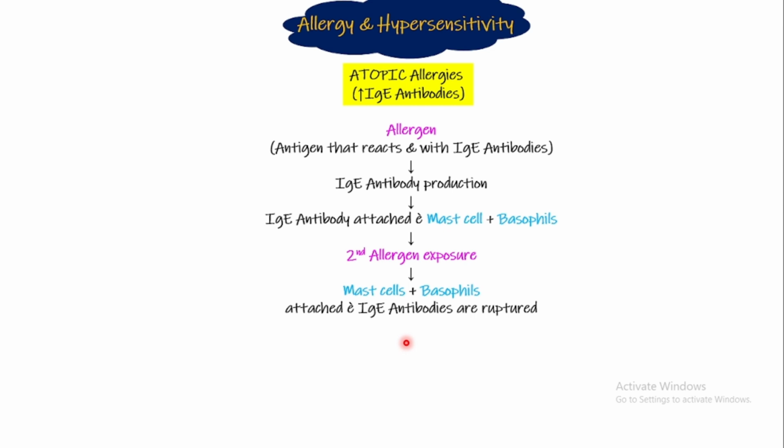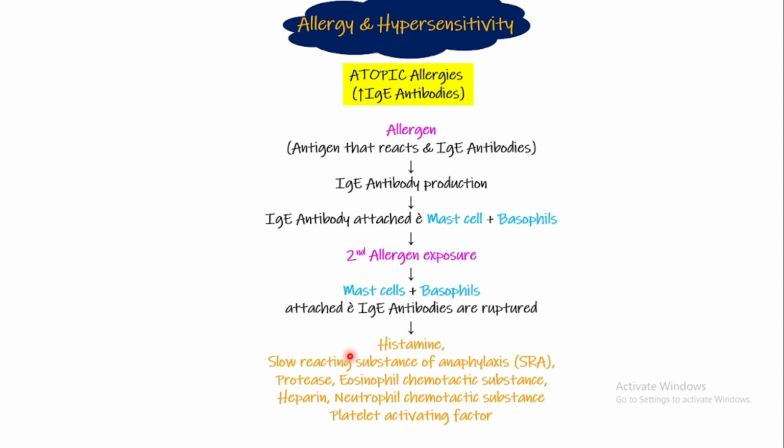They will secrete a lot of chemicals like histamine, slow-reacting substances of anaphylaxis, eosinophilic and neutrophilic chemotactic substances, protease, heparin, and platelet activating factor. Now, these are the chemicals which are going to cause the allergic reaction or the inflammation.